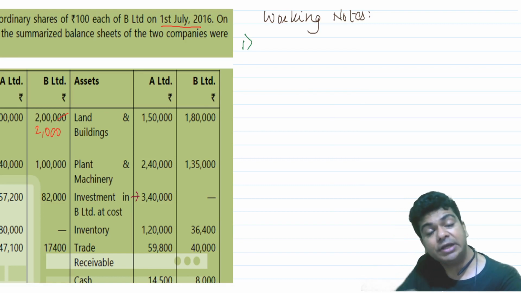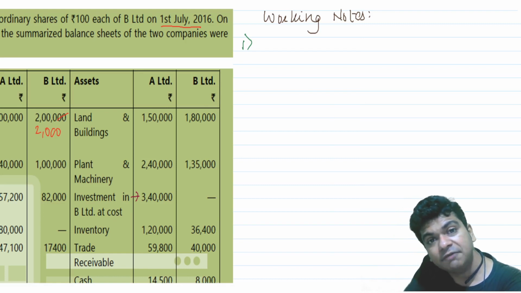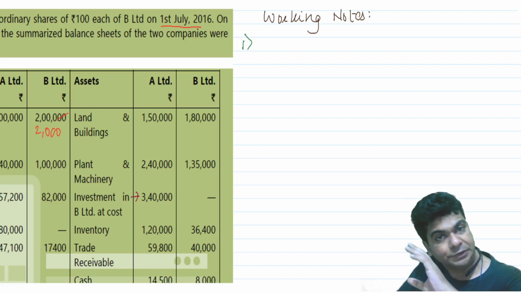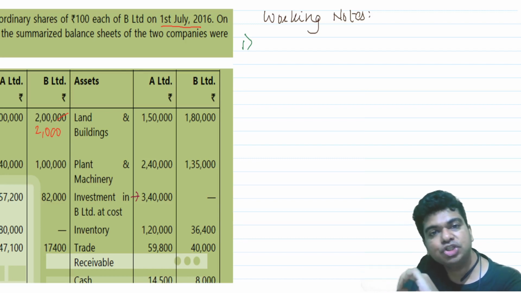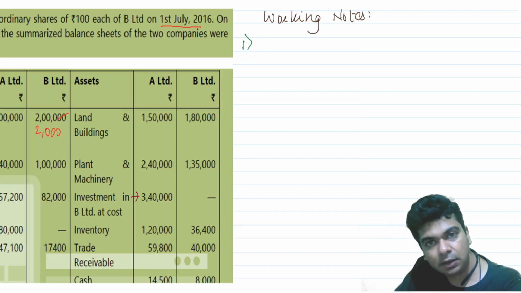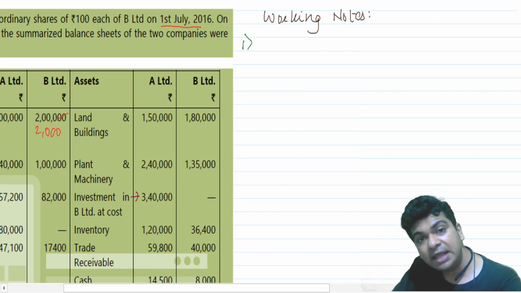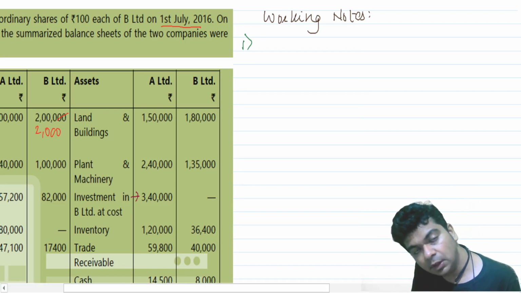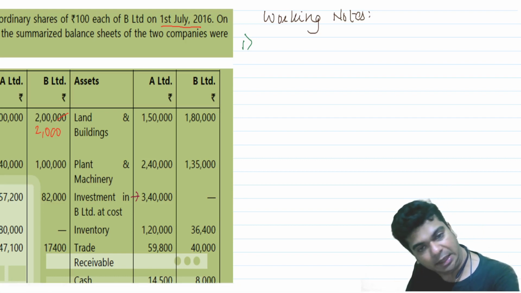This time the acquisition date is 1st July, so I will require the figures on 1st July and after 1st July. First we will have to figure out the change in the reserves and the P&L. Then there is some effect of revaluation also which needs to be given, and then we will apply the second principle, the pre and post acquisition analysis.